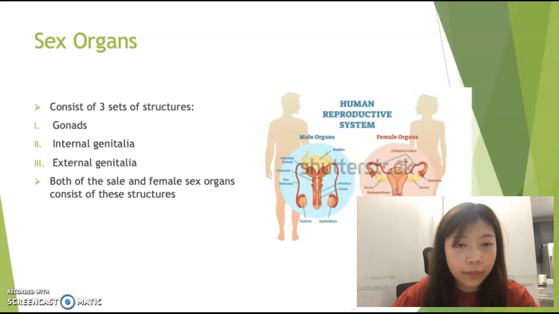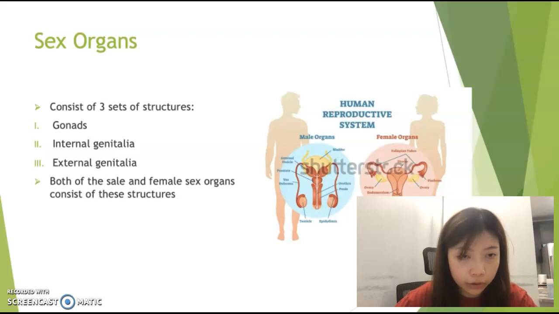The male and female sex organs consist of 3 sets of structures: the gonads, internal genitalia, and external genitalia. Gonads are the organs that produce gametes, the eggs and the sperm that unite to form new individuals. The male gonads are the testes, which produce sperm. The female gonads are the ovaries, which produce eggs or ova.